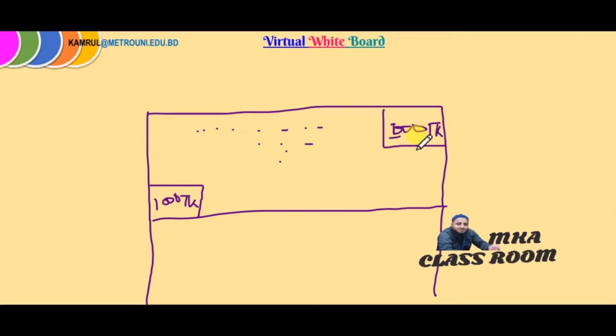Here is a value at the top corner of the bond. Or whenever you have your taka or money, in front of the taka there is a written value. That value is called face value.